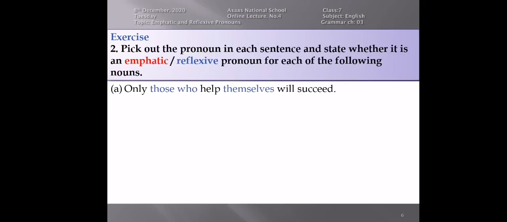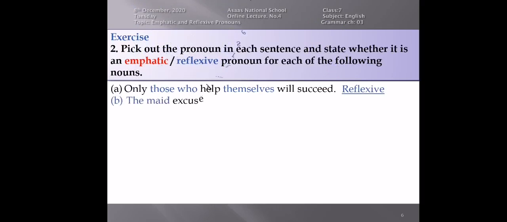Those who, they are the subject. Help is the action. Themselves is the object on which they did the work. So subject and object are the same person, so it is a reflexive pronoun.